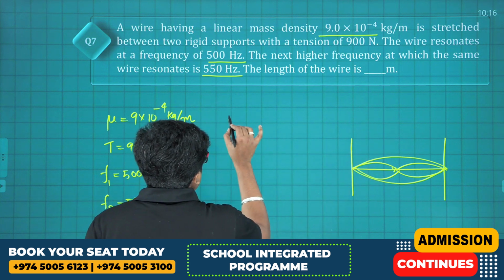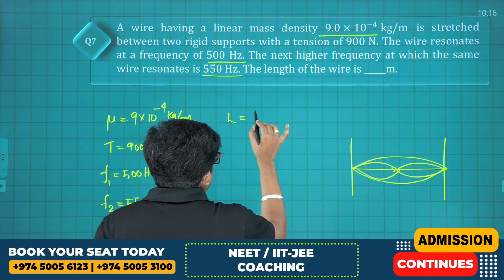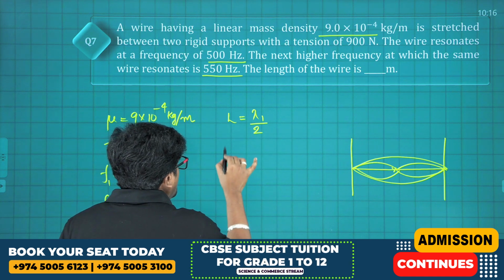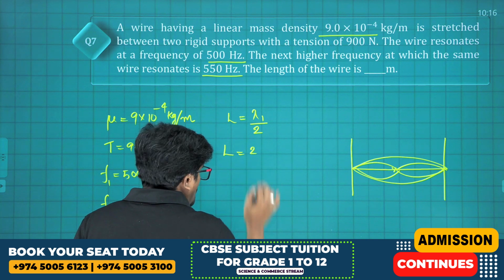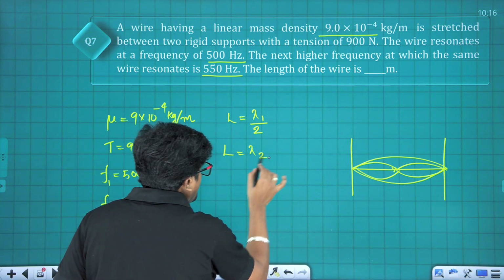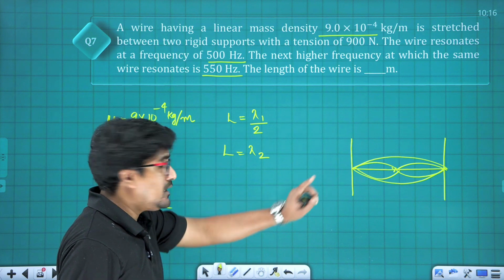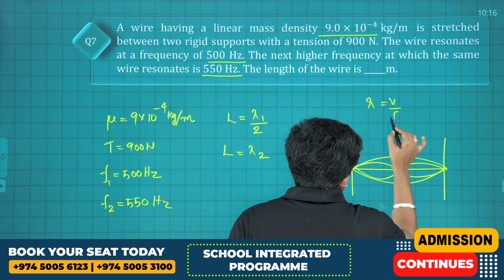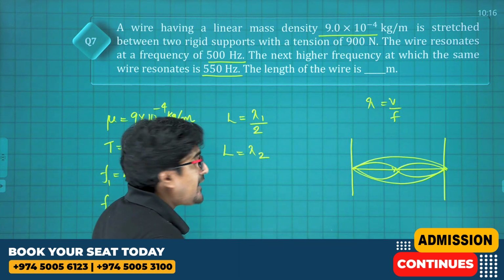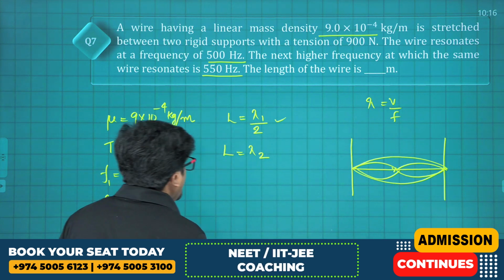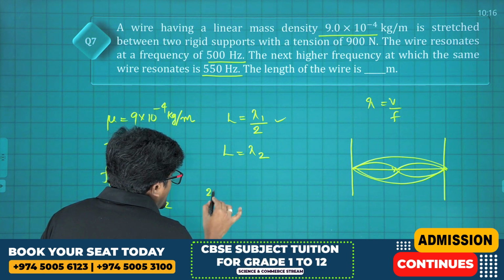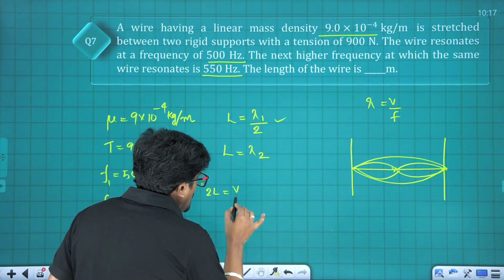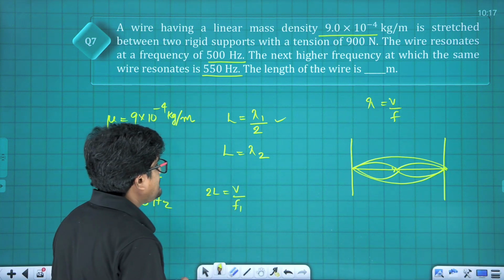So for the first one, capital L is equal to lambda 1 by 2, and for the second one, capital L is equal to lambda 2. Now we all know that lambda is equal to V by F. So for the first situation, 2 times L is equal to V divided by F1.